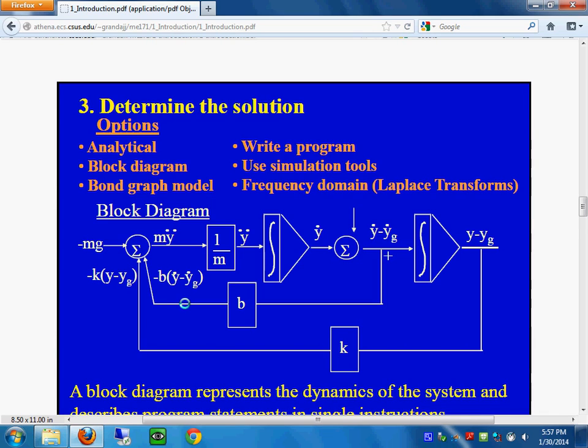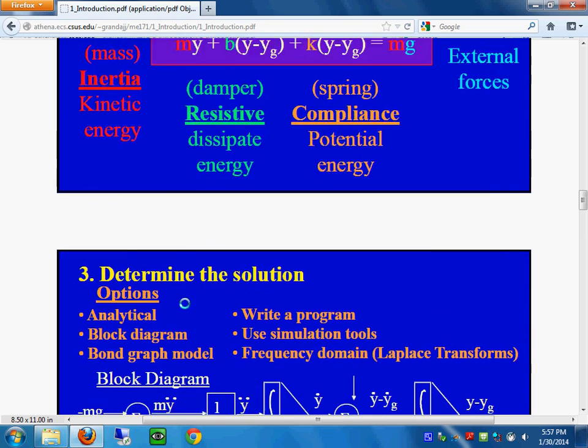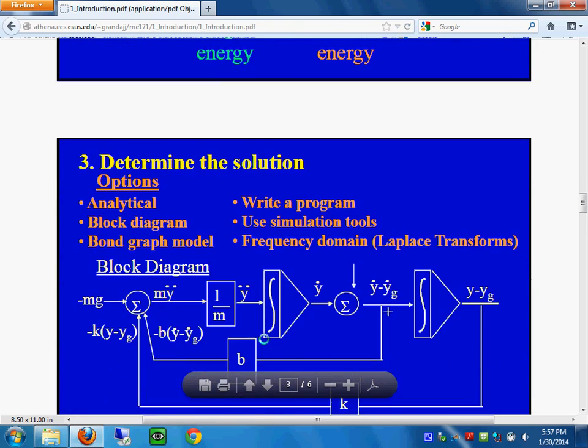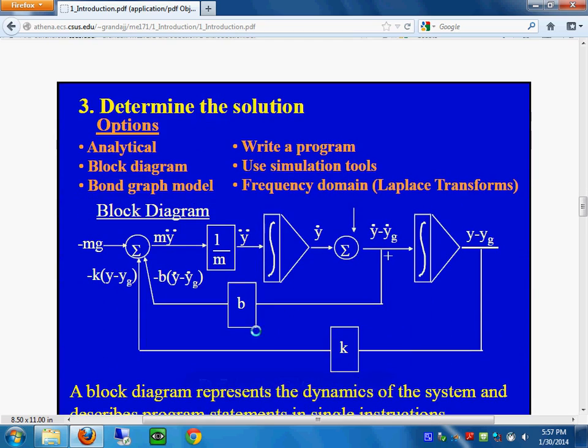I'm sure that anybody is wondering how in the world you get this, unless you have done this before or have some background in this. But I don't want you to worry about that. I'm going to show you how you generate this block diagram using differential equations such as the one that you're seeing here.